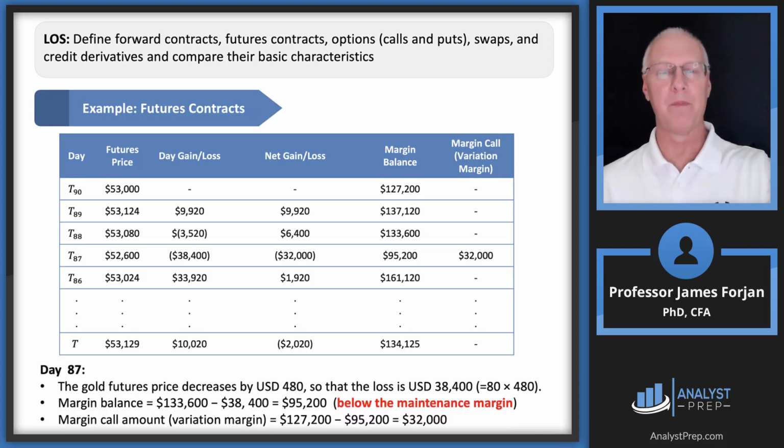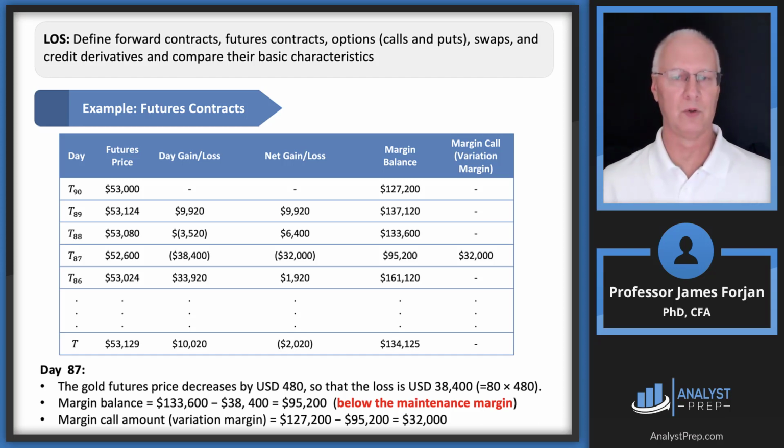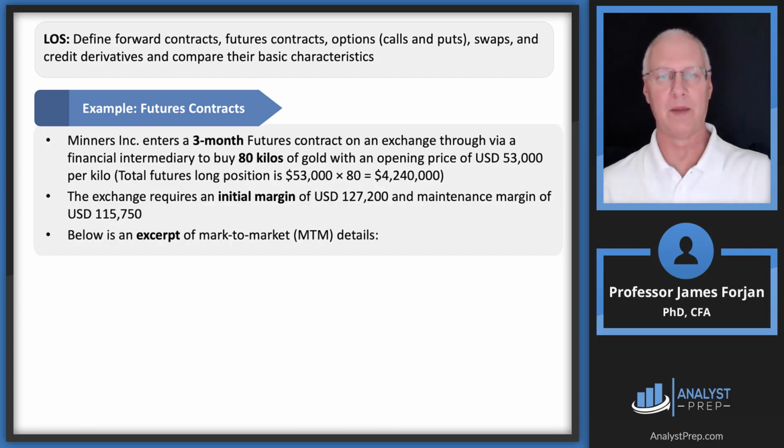So I would be prepared to kind of fill in the blanks on a table like this for daily settlement, because the module goes through an example like this. We've done an example like this, and there are good practice problems. So this sounds like a really, really cool example, and you should be able to work through it. Remember, pay close attention to the initial margin and then the maintenance margin, because it doesn't make any sense for the Institute to give you a question where you hover around the initial margin.